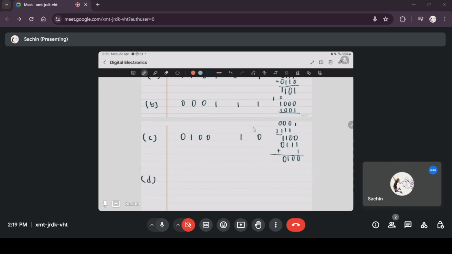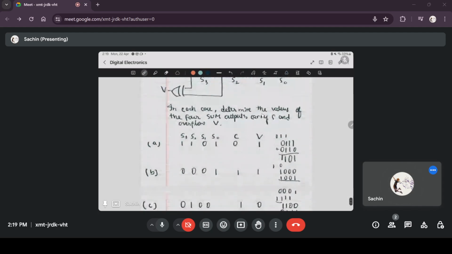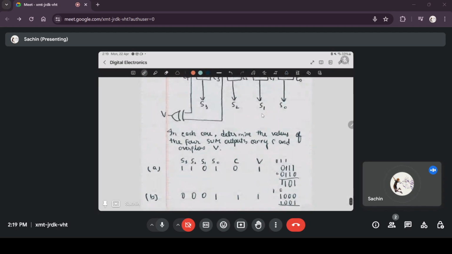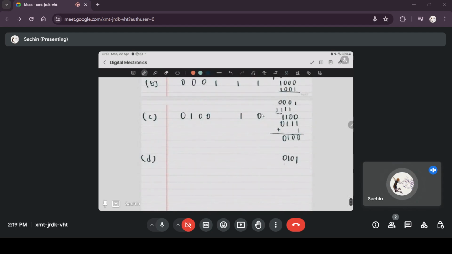Similarly, for part D, you have 0101 and 1010 is B, which will be complemented to 0101, and 1 is added.